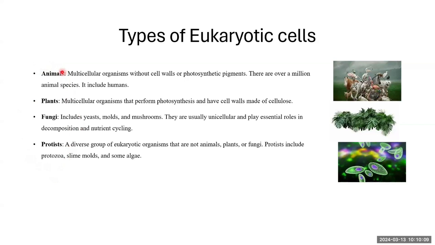They can be multicellular or unicellular, depending on the species and the category we're talking about. There are a whole lot of different species in each category, varying from simple to complex organisms.